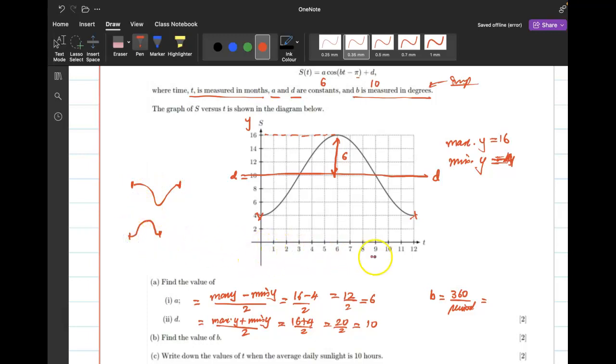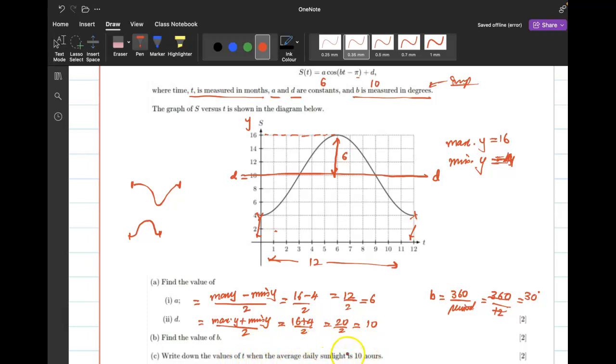In this case the period is from minimum to minimum. So 360 divided by, here it was 0 and here it is 12. So the period here is 12. So divide by 12. So 30 degrees.